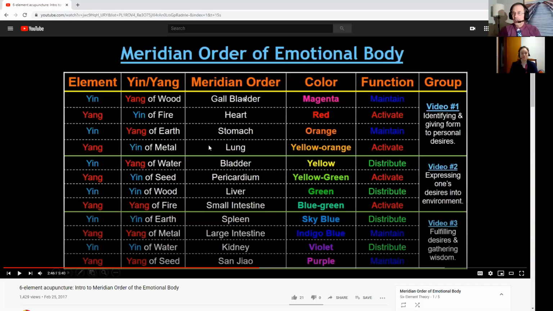Okay, that's a stomach problem. Well, they have a hard time understanding who they are as a person. Well, that's a lung problem. They're having a hard time exploring the world. Well, that's a bladder problem. They're having a hard time finding where they belong in the world. That's a pericardium problem. See how that steps? So as you go through the emotional order, you can see which meridians are being affected.